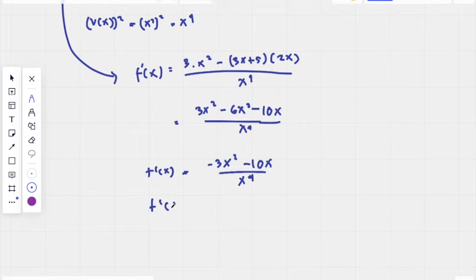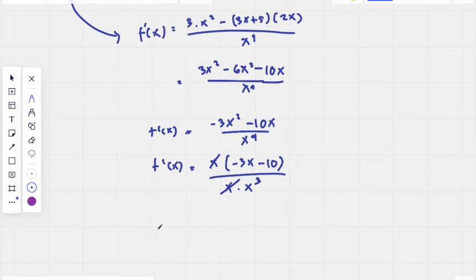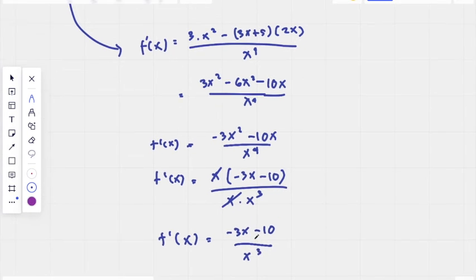So I divide this one, x times minus 3x minus 10 over x times x cubed, and then cancel. Then the first derivative of x equals minus 3x minus 10 over x cubed. Okay, please recheck this process.